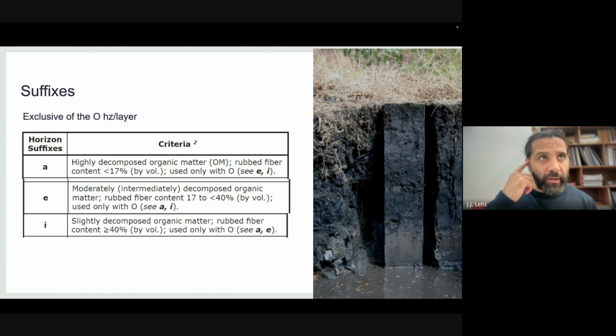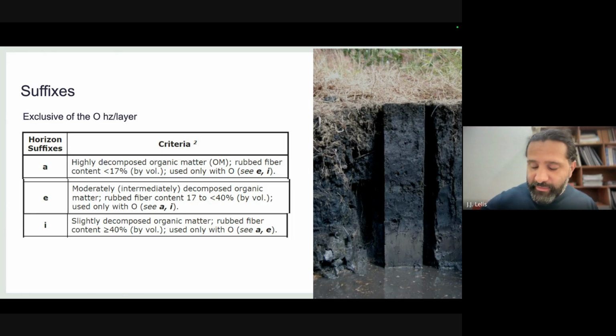For example, if the horizon or layer that I'm describing in the field has some shiny surfaces, faces that shine when I expose the soil to sunlight. Or, for example, I can also see some crystals, like salt crystals or carbonate crystals. So these properties that I can describe and identify in the field are related to some suffixes.